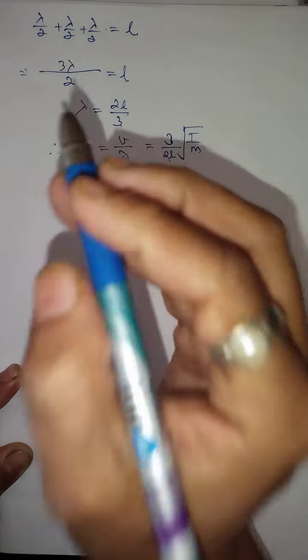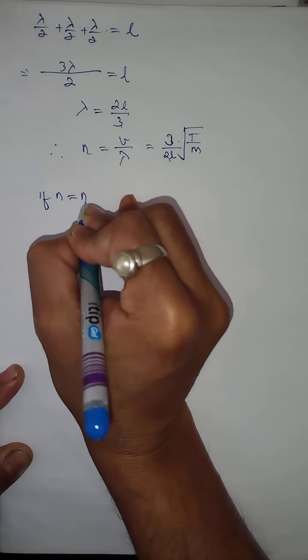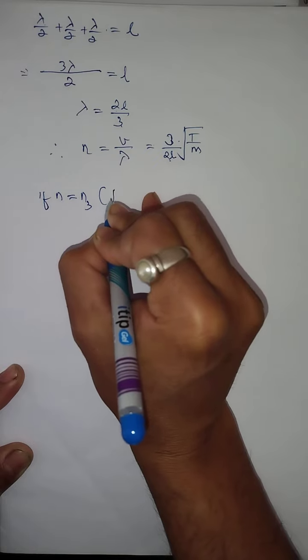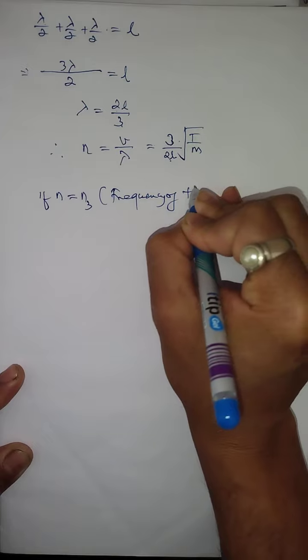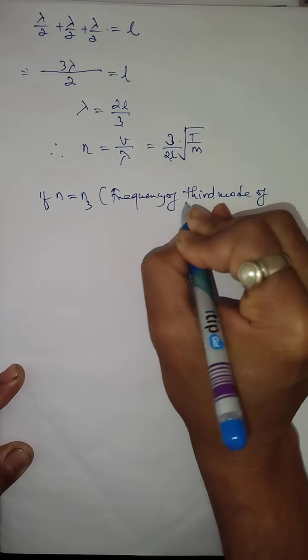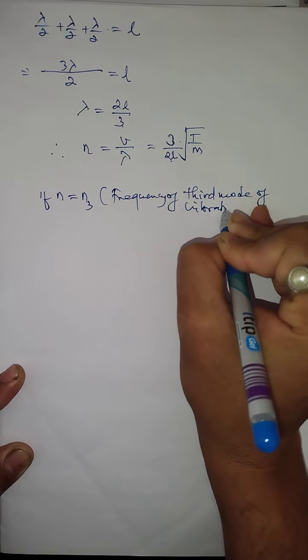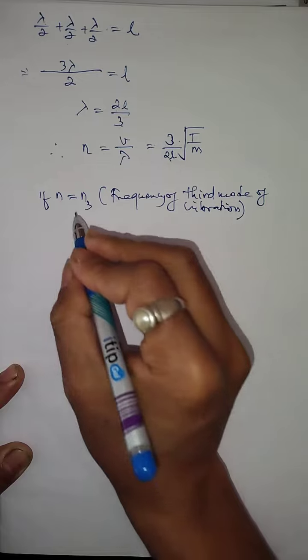But we are dealing with the third mode of vibration, so I write N equals N3. This is the frequency of the third mode of vibration, which I represent by the symbol N3.